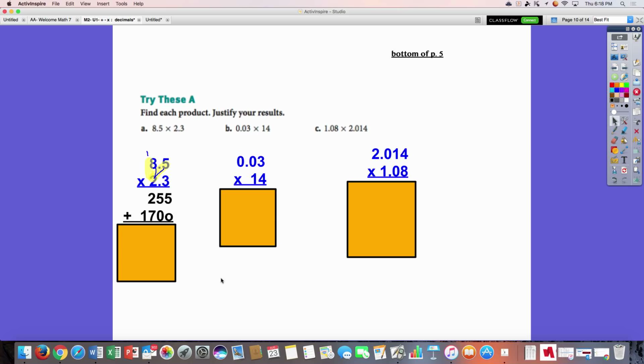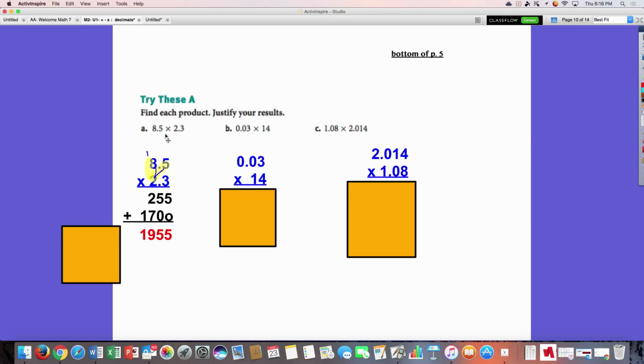Then I just add up my columns. Now, I've got 2 decimal spots to the right, right? There's 1 in the first row, 1 in the second row. So my answer, I'm going to start here, 1, 2, and put a decimal. My answer for this problem is 19.55.